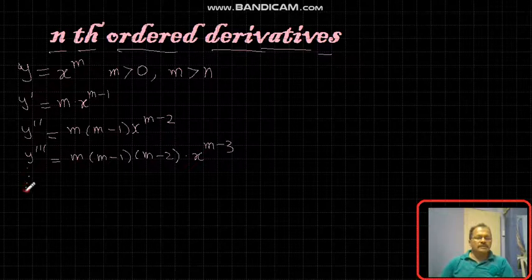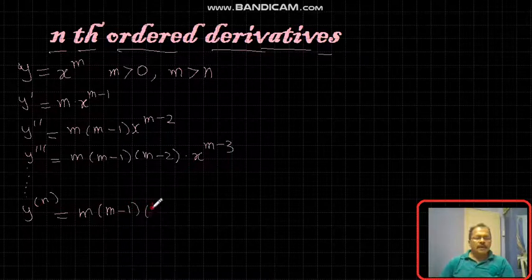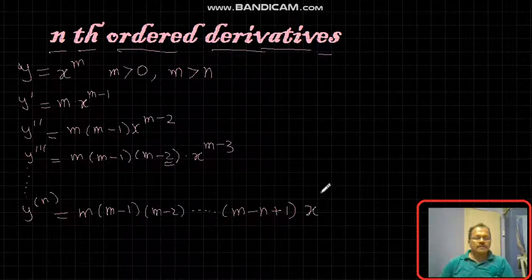So continuing in this way, for the nth derivative, n is smaller than m and positive, we get m into m minus 1 into m minus 2 dot dot dot into m minus n plus 1, because this number is 1 smaller than this, and here x raised to m minus n.